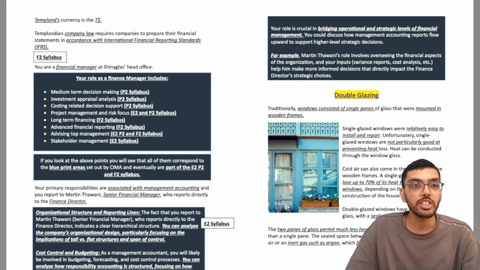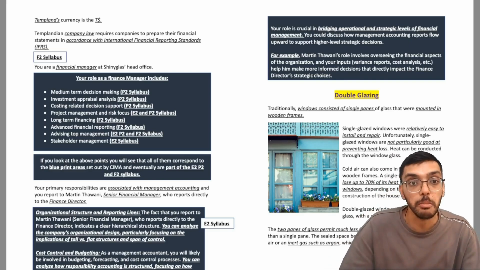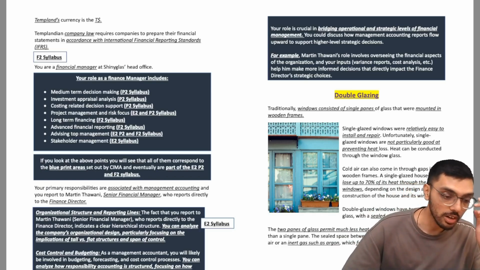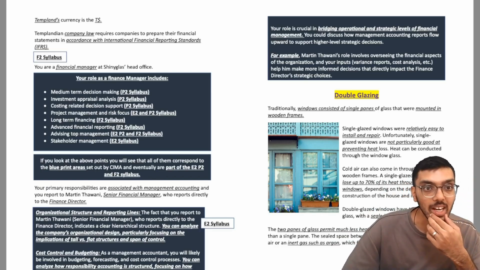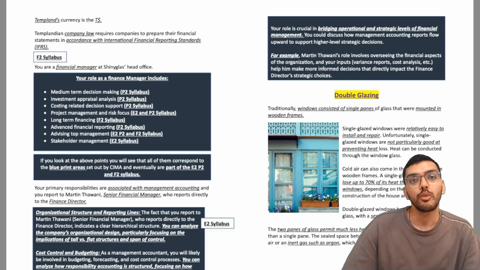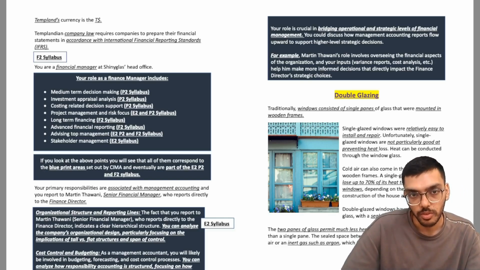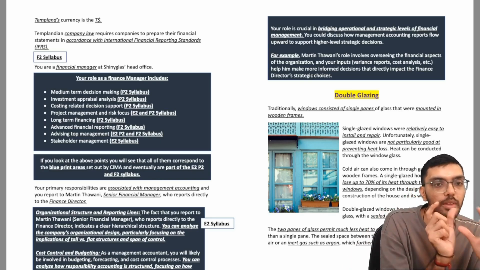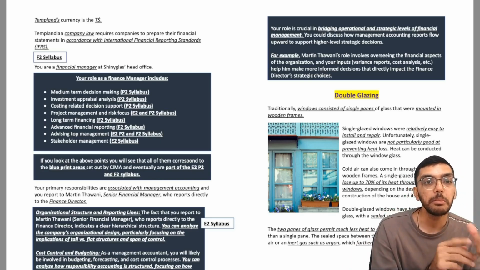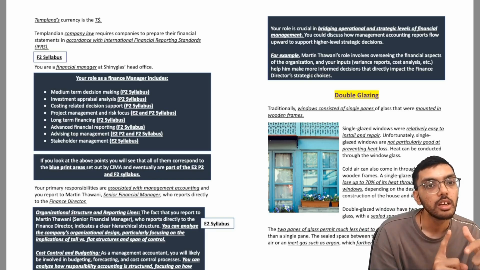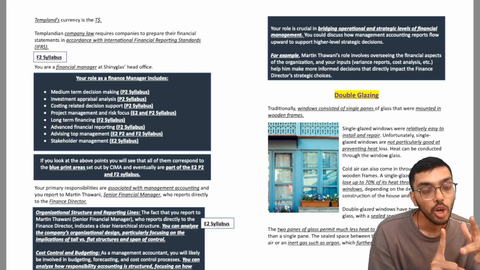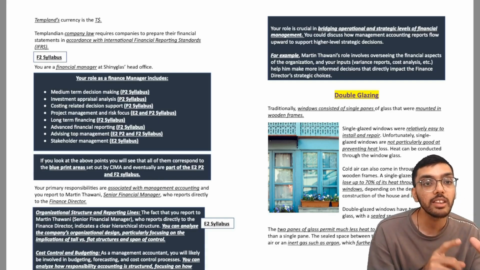You are a finance manager at Shinyglas's head office. Now the role of a finance manager is much debated. Students are not able to understand what the role of a finance manager is. So the role of the finance manager generally would be medium-term decision making, investment appraisal, costing related decisions, project management, long-term finance, advising the top management.